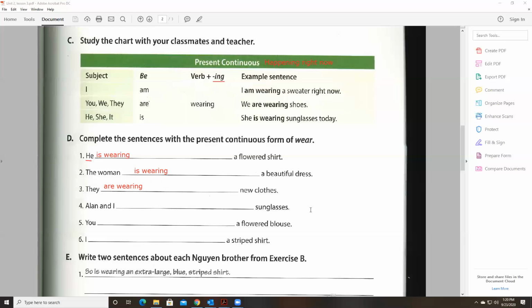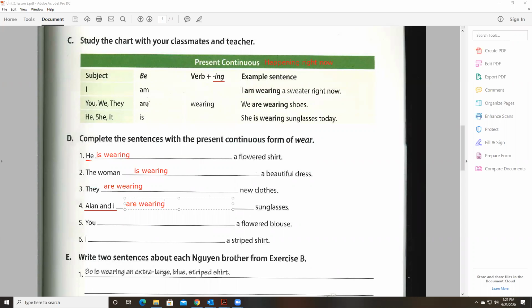Number 4, Alan and I. So here we know it says Alan and I, so it's referring to we, right? So we are going to write are wearing sunglasses. Number 5, you.